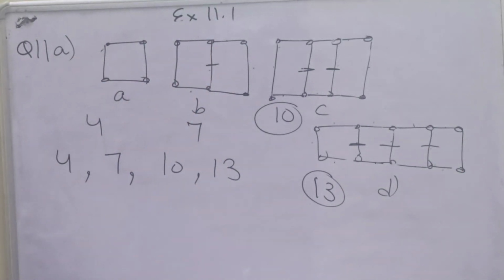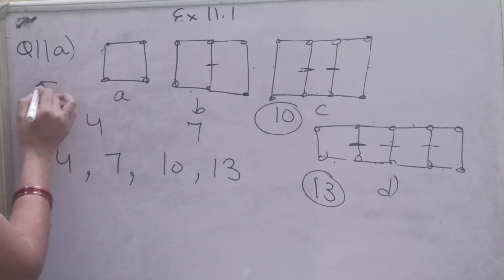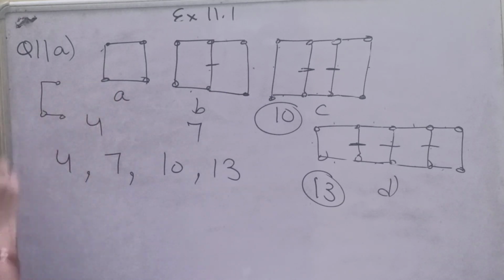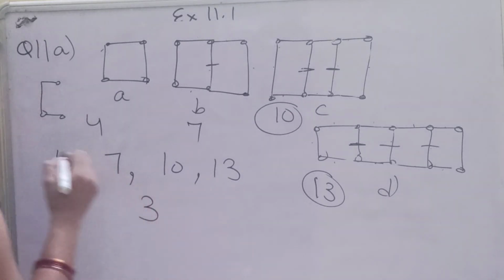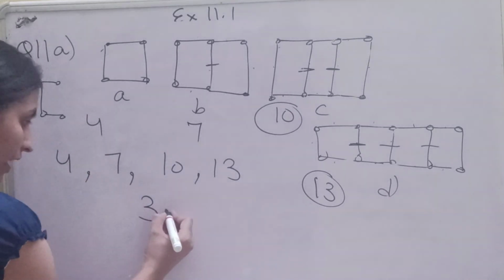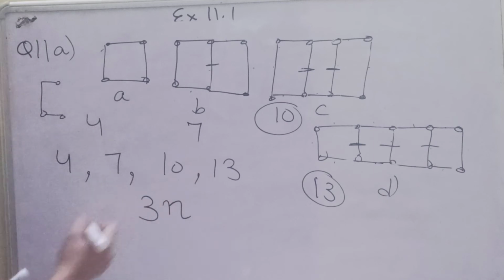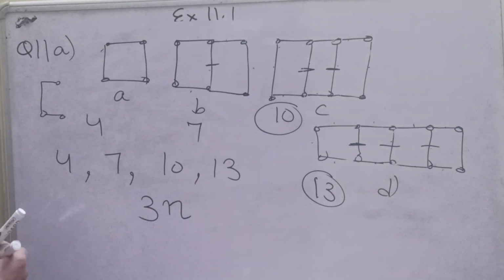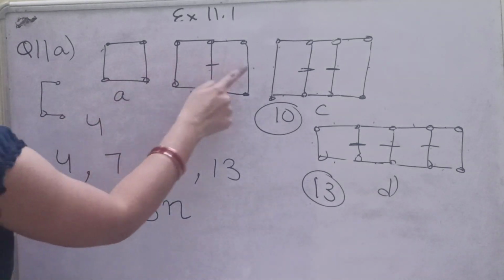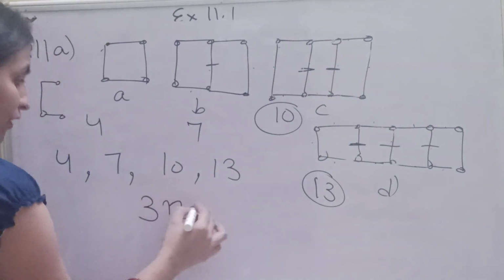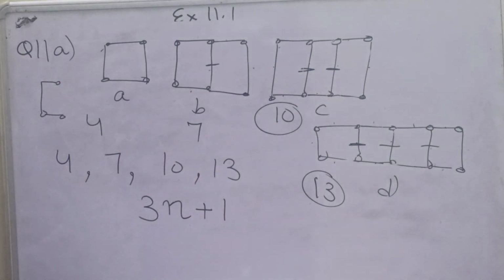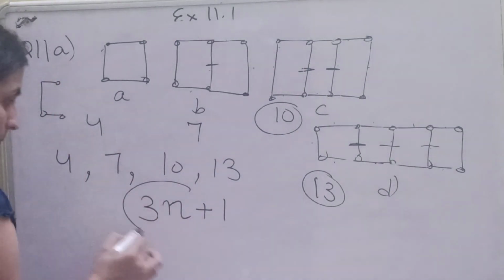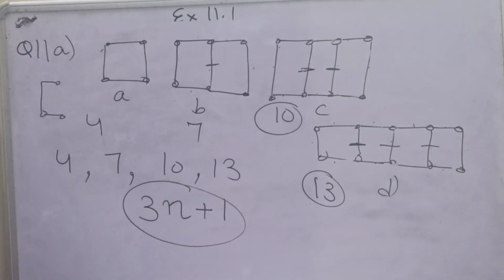So this way we are having a pattern of C. So in C, how many matchsticks are we using? 3. So if we have to make a general rule, that will become 3n. In all, but we have 1 extra in the last. So what will we do? 3n plus 1. That will become our general rule.